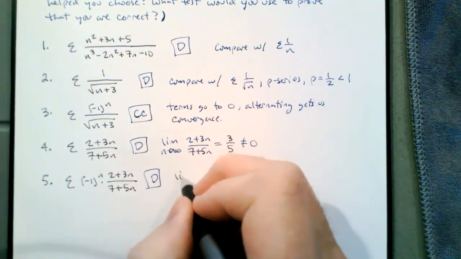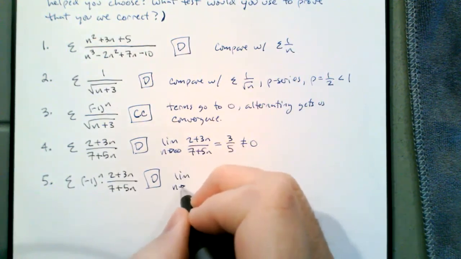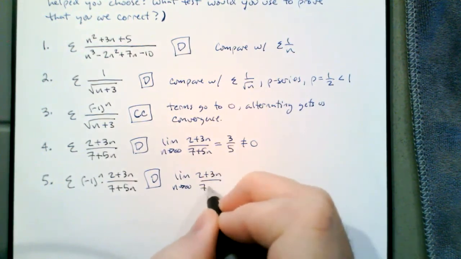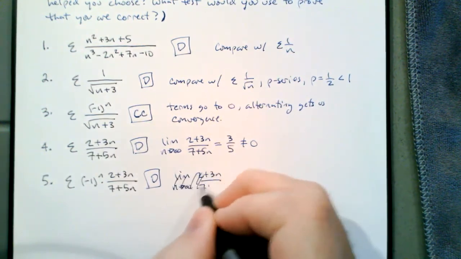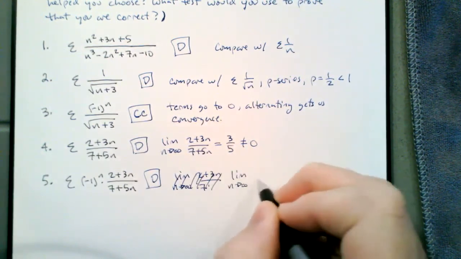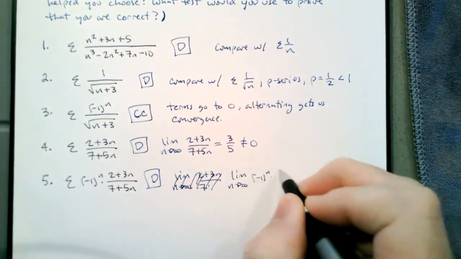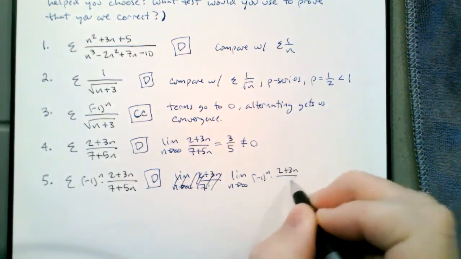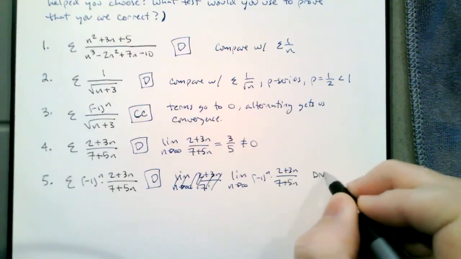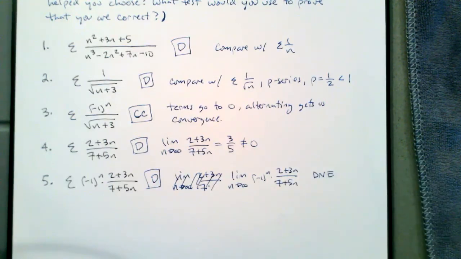So in this case, the limit as n goes to infinity of negative 1 to the n times 2 plus 3n over 7 plus 5n does not exist. It goes to positive 3/5 or negative 3/5.